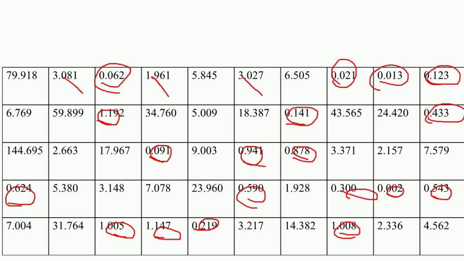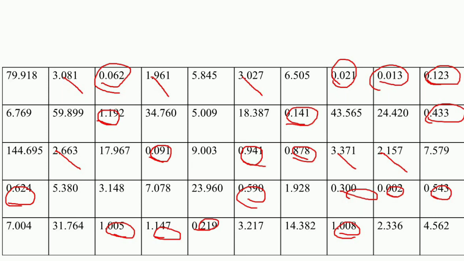In the next row we don't have any values in that interval, and in the next row we have 2.663, and the next value is 3.371, and the next value is 2.157.